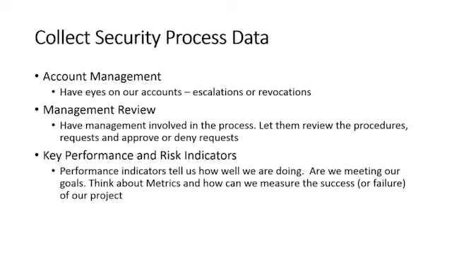We can have key performance and risk indicators. Now, performance indicators tell us how well we're doing, or how well we're not doing, if you want to look at it like that. Are we meeting the goals that we set for our processes, for our security strategies? So think about metrics when you think about key performance or risk indicators, right?